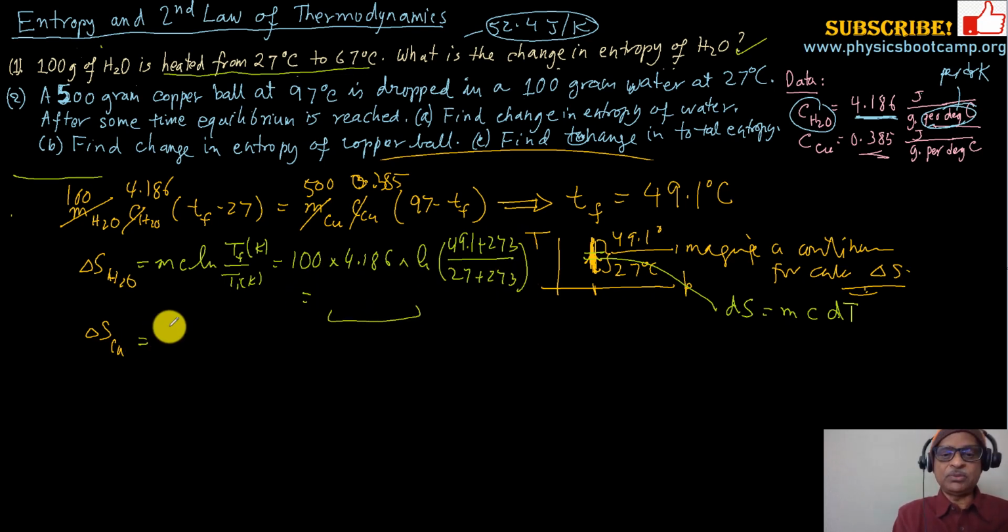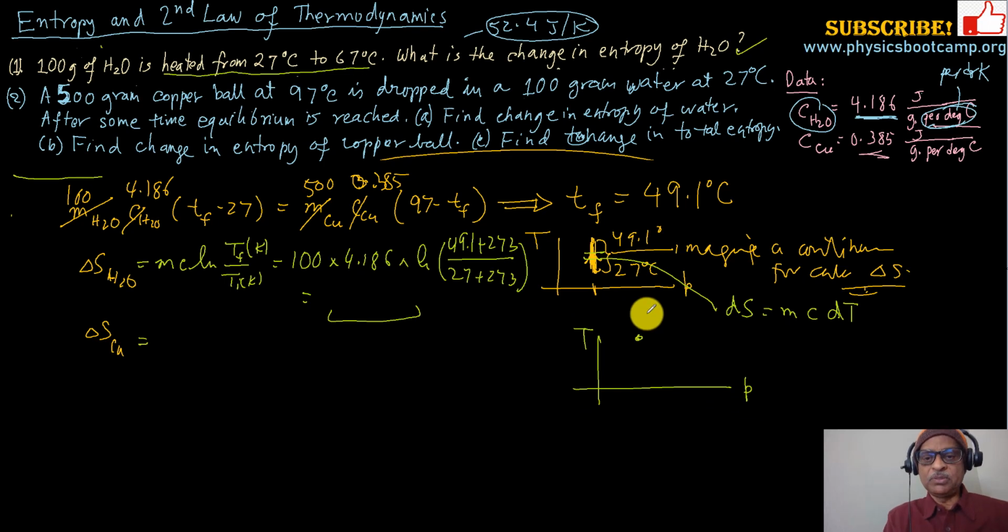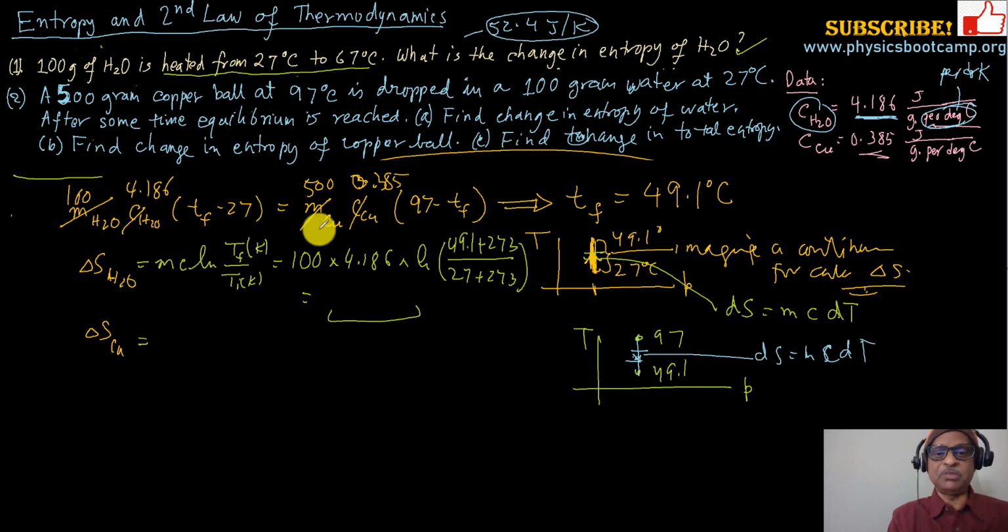And for this, we have to also imagine a process. So it used to be here, it went from 97 to 49.1. And so we imagine a process went like that. And ds is the same kind of formula, mc dT. And so the answer will be the same kind of stuff.